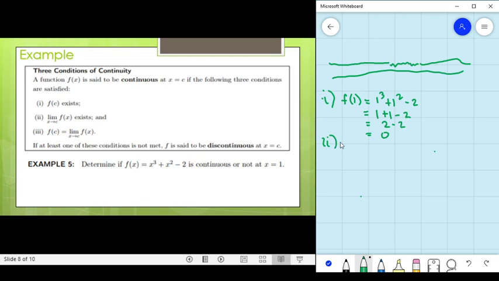Okay. What about the second condition? We are going to find the limit of f of x as x approaches 1 from the right.